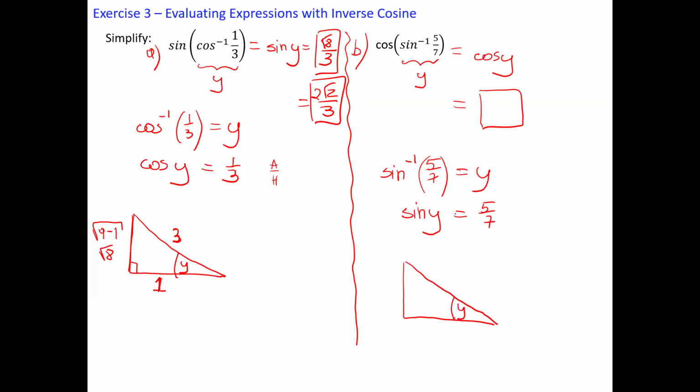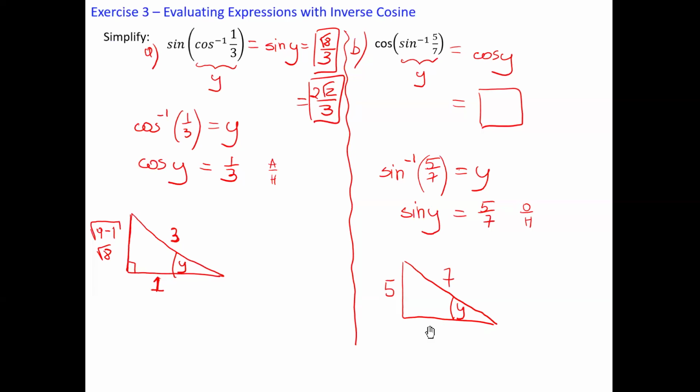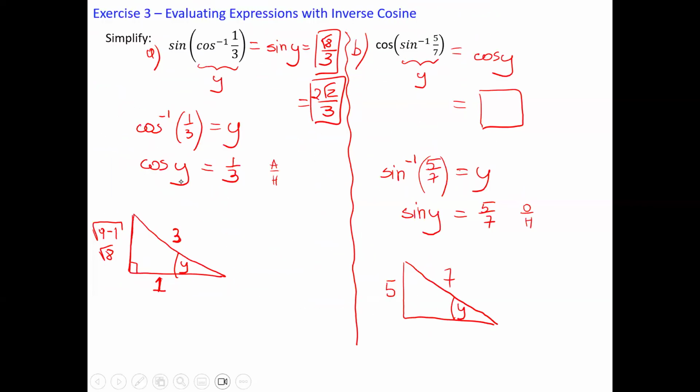If this is y, the sine ratio is opposite over hypotenuse, 5 over 7. Then the third side, which is the adjacent with respect to the angle y, will be 7 squared minus 5 squared, based on the Pythagorean theorem, a squared plus b squared equals c squared, and the square root. We have 49 minus 25, and this will be 24. 24 is 4 times 6, so 2 root 6, if I'm correct.